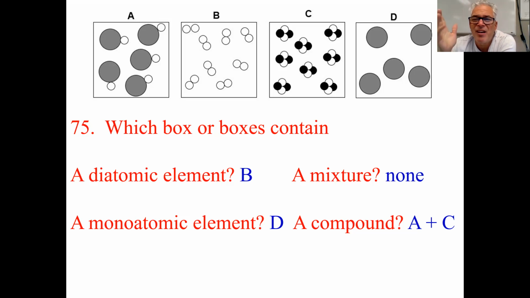Maybe it's iron gas, but iron gas would be super duper hot. It's probably more something simple like a noble gas, simple atoms. So B is diatomic. There's no mixtures here. Monoatomic could be D, and a compound would be A or C because there's two or more different atoms bonded together. All right, my friends, that is the end of the slideshow for matter.